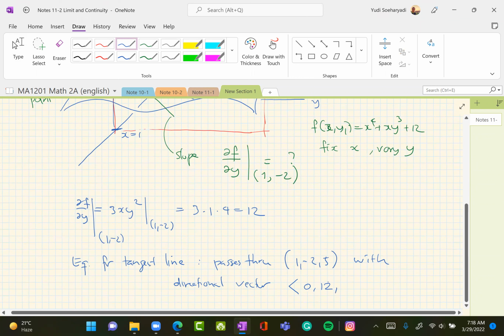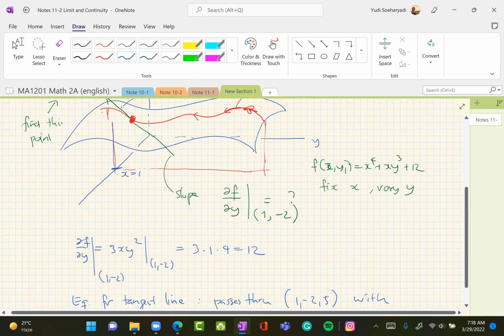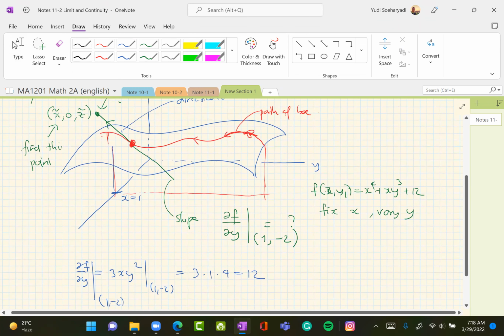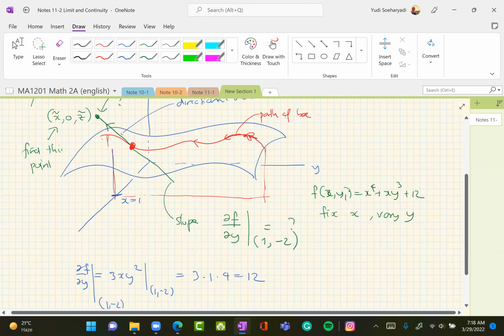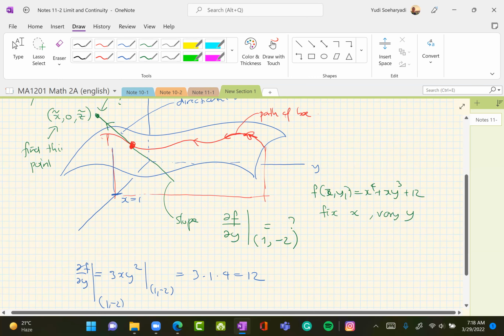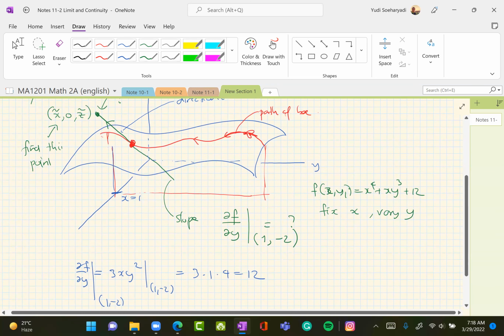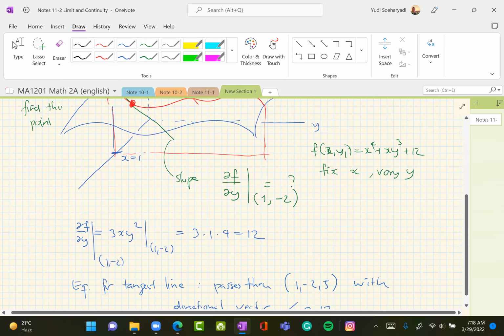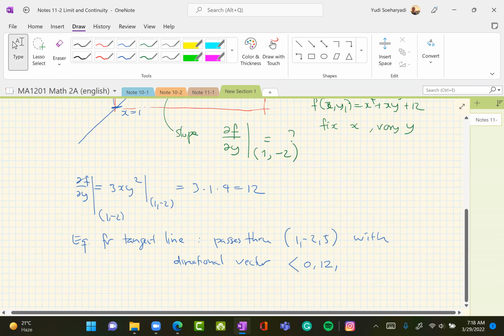And what about the z? How to compute the directional vector? I forgot.